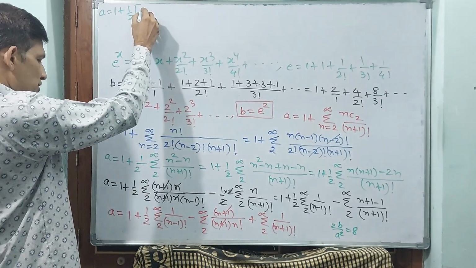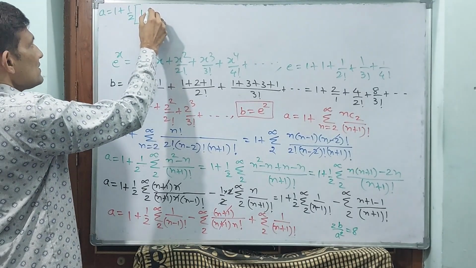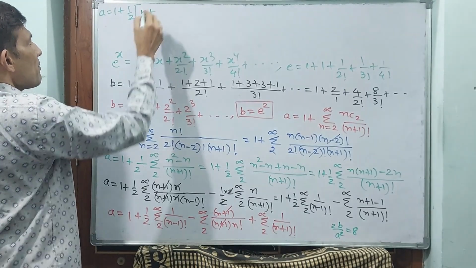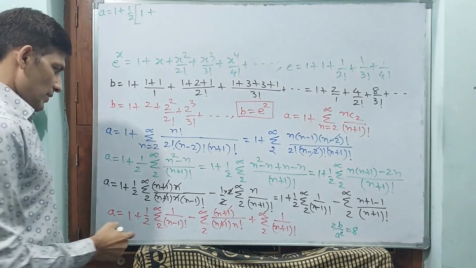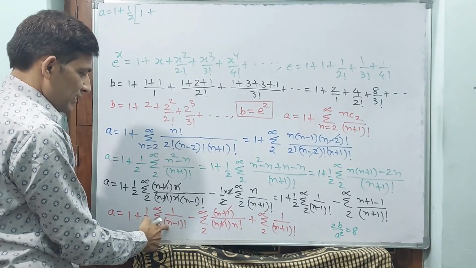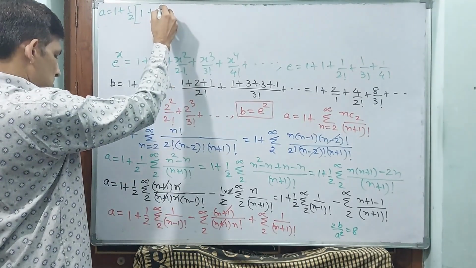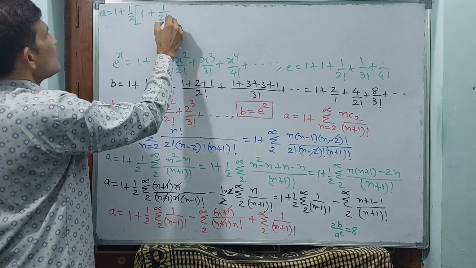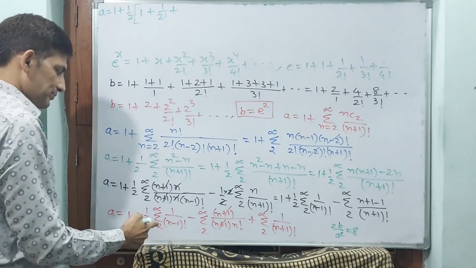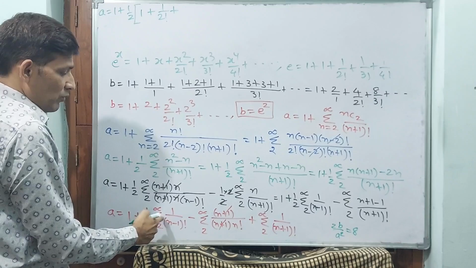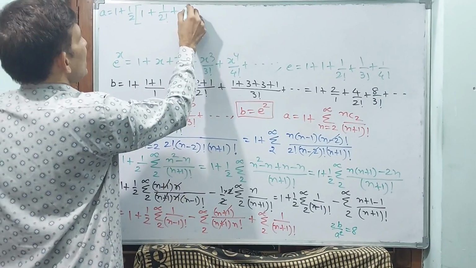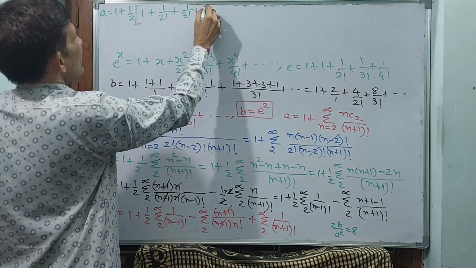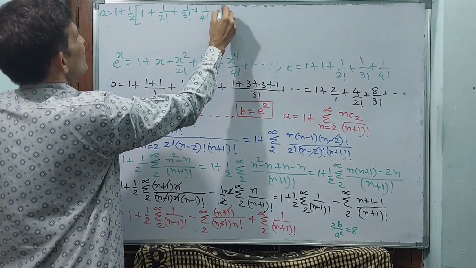That means 1 is going to come as the first term, plus, if you give 3, minus 1 is 2 factorial, plus if you give 4, minus 1 is 3 factorial in the denominator, plus 1 by 4 factorial, like that it goes.